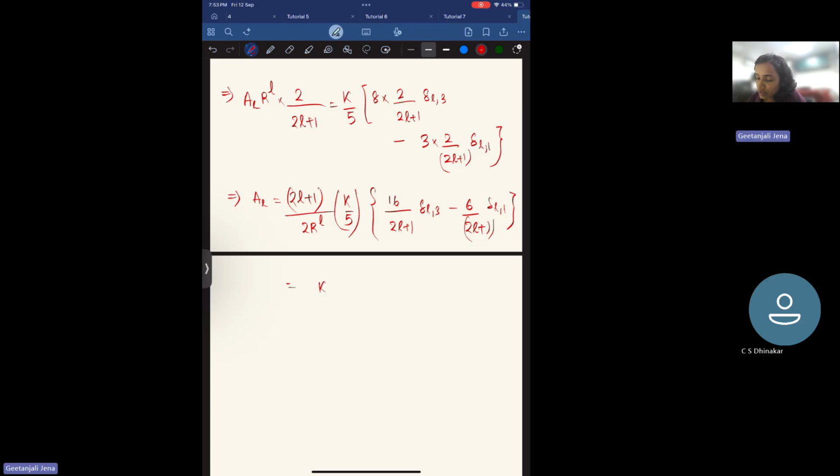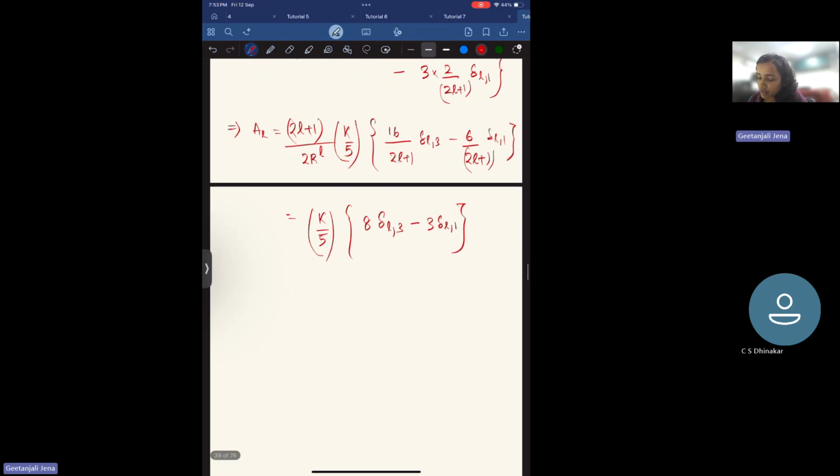Simplified further, it will give K by 5, 8, (2L+1) will cancel, δ_{L3} minus 3 δ_{L1}. So that means the value of A_L is 8K by 5.